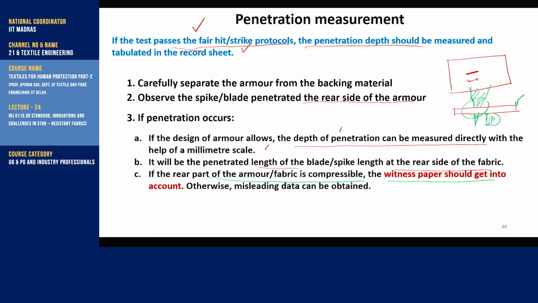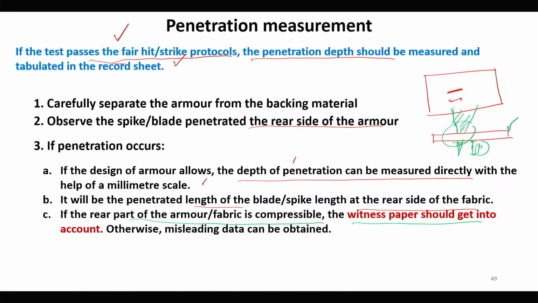There will be a punch in the witness paper, and from that witness paper data we should use the length of cut. Otherwise, if it is a compressible material, it will come back to its own shape and the result will be misleading.